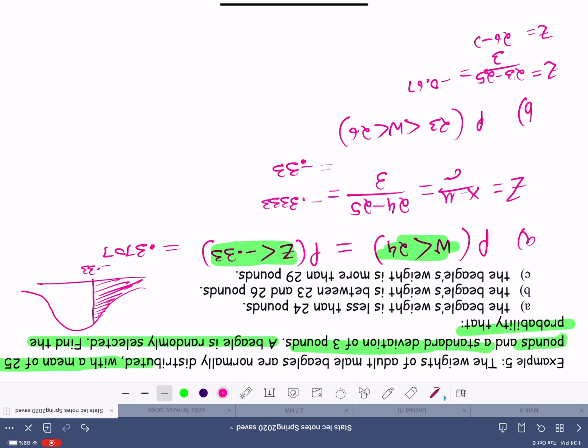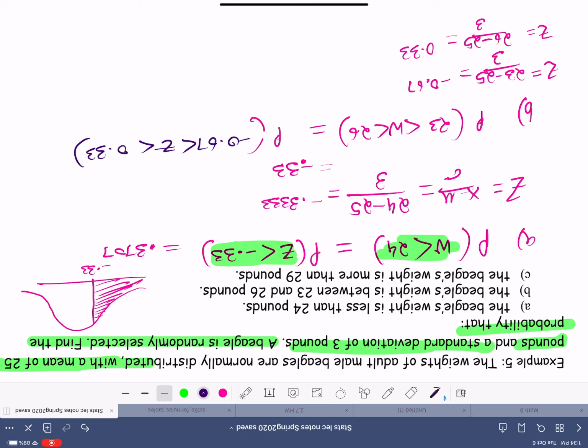The z-score for 26 is 26 minus 25 over 3, which comes out to be 0.33. So we're looking for the probability, changing from weight to z-scores, negative 0.67 less than z less than 0.33.